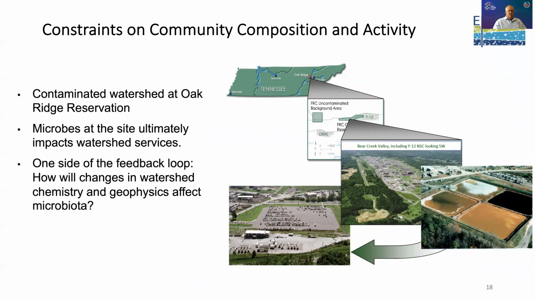The constraints on the community composition and activity, and we're focused principally on Oak Ridge Reservation and on the Bear Creek Valley, and showing the S3 ponds, 4 ponds where they dumped mixed waste, which included nitric acid, uranium, and a variety of other metals. That went on for over 30 years, and then they neutralized it and capped it.